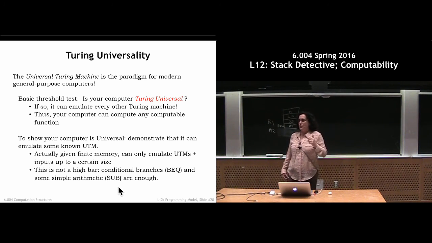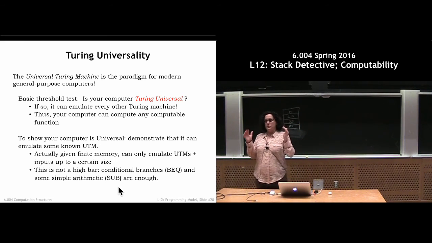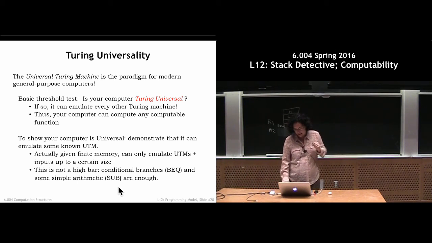But what we can show is that given a limited input size problem, then our machine can actually compute the result of that problem as long as the problem isn't so big that it doesn't fit into our memory. Okay? And so we're willing to deal with that caveat of having finite memory for our universal computer.